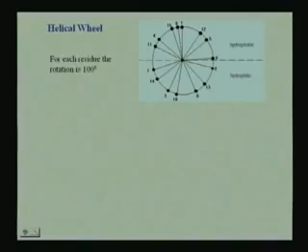Now, if we were to construct the helical wheel, then we would put residue number 1, say, on the top. For every residue, there is a rotation of about 100 degrees. So, my next residue is going to come here. That's residue number 2.